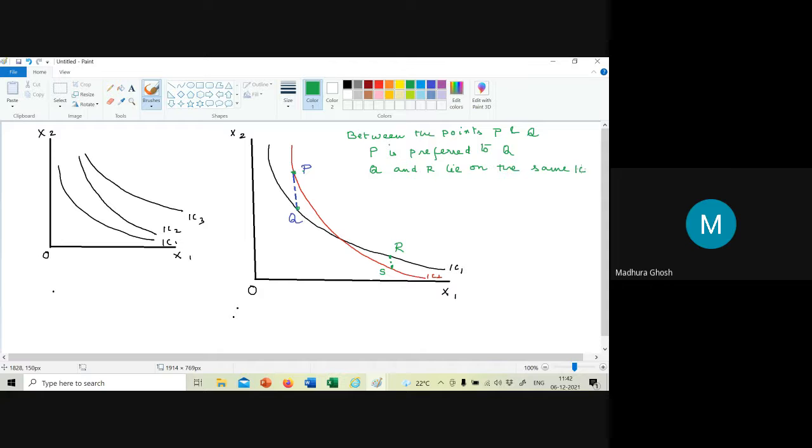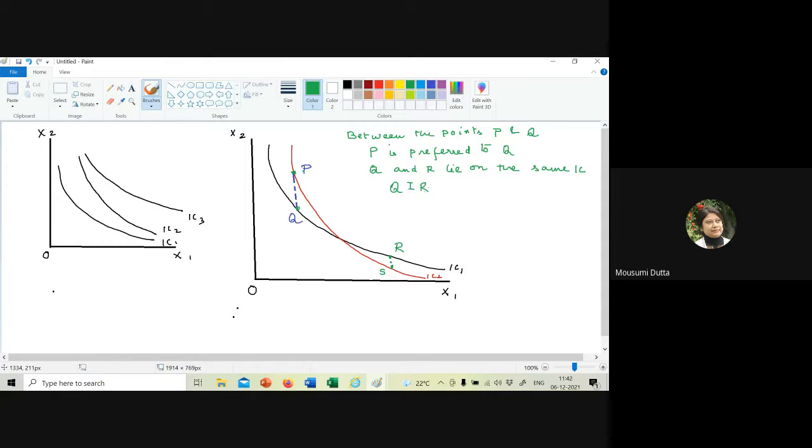QIR. No. If the two points lie on the same indifference curve, one will be indifferent with the other, isn't it? Preferred to, that is the wrong answer. Q is indifferent with R because Q and R lie on the same indifference curve. So QIR.